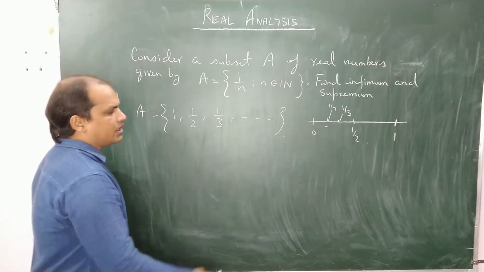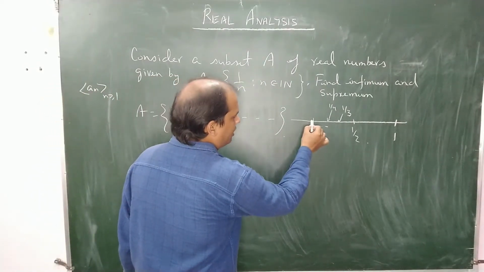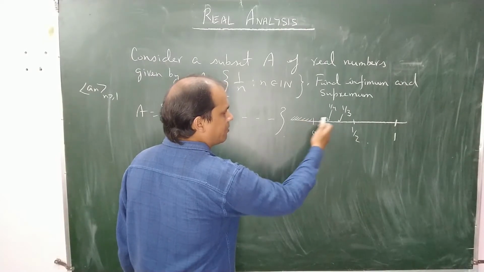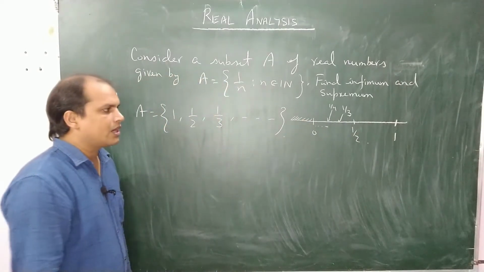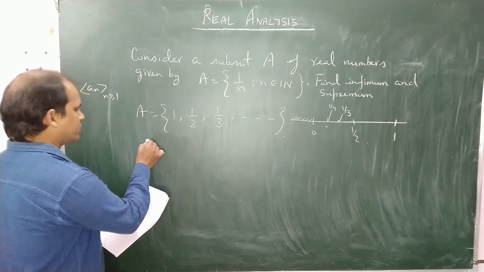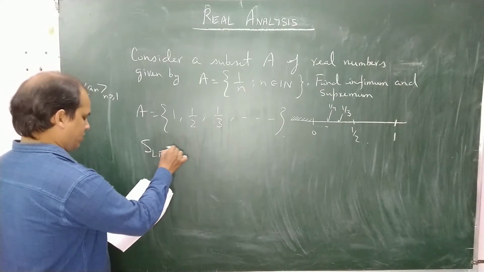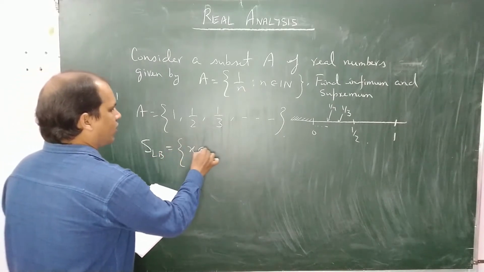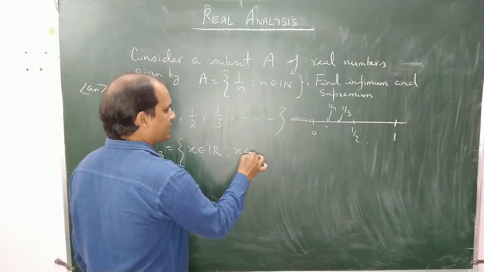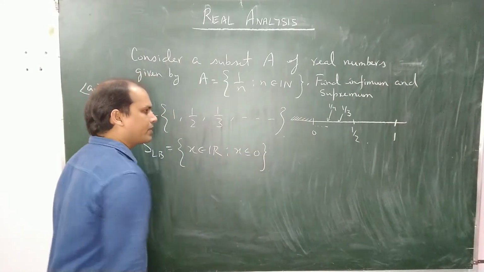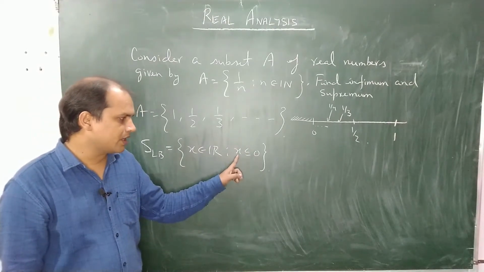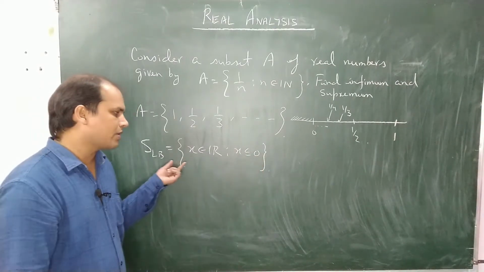So one can see that all the numbers including 0 and all the numbers less than 0 are lower bounds for this set. Let me write first that the set of all lower bounds for this set is the collection of all those x from the real numbers such that x is less than or equal to 0.